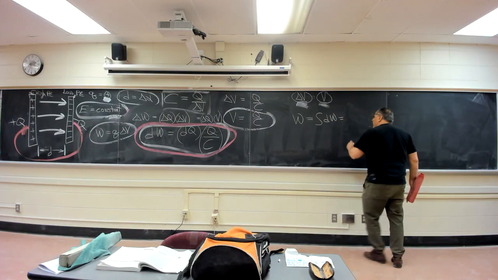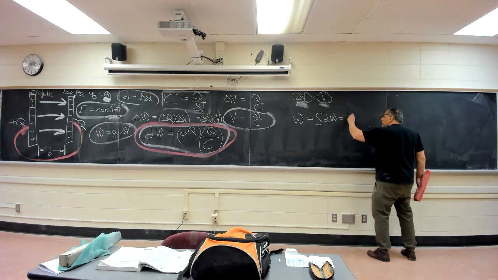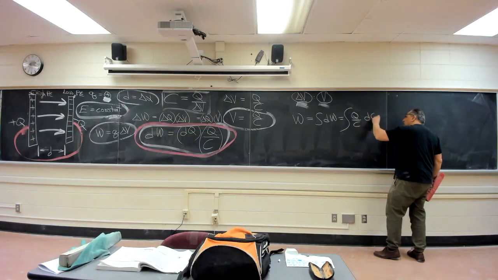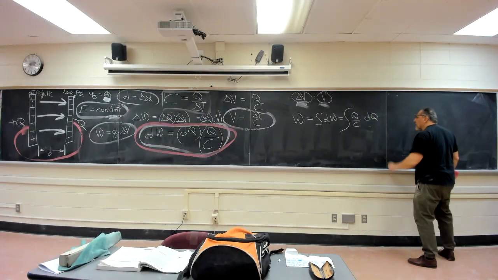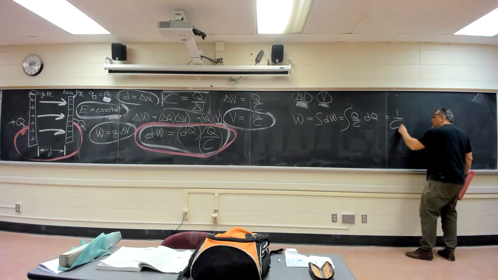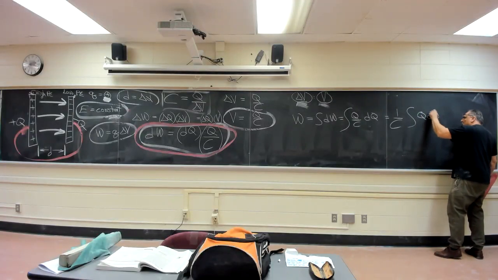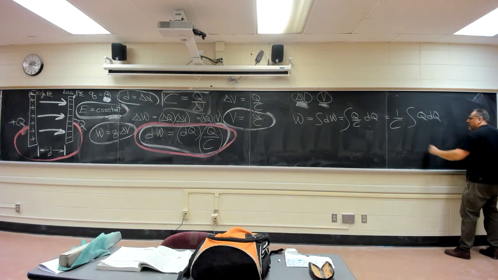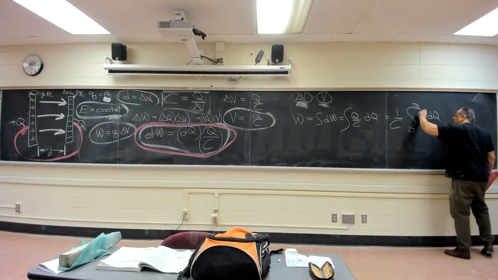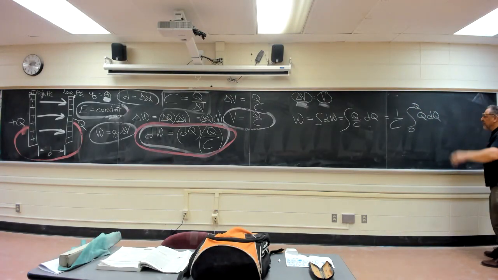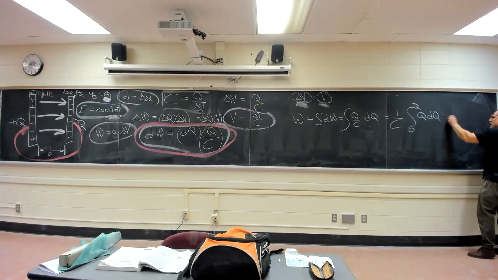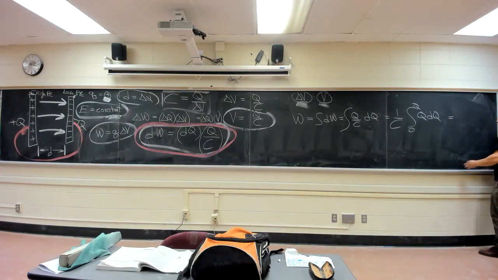So it's the integral of Q over C dq, equals 1 over C, which is a constant, integral of Q dq from 0 to Q. I'm sorry I'm using the same one. Use it as Q final. Use Q sub F if you want, if it's an issue. At the end of the day, you guys, C is a constant.